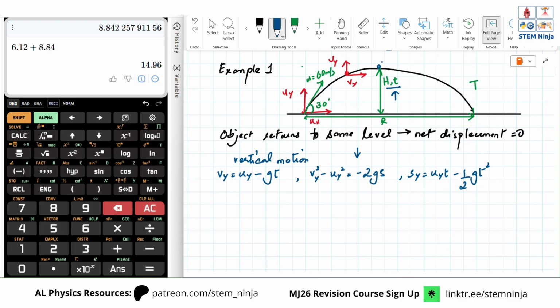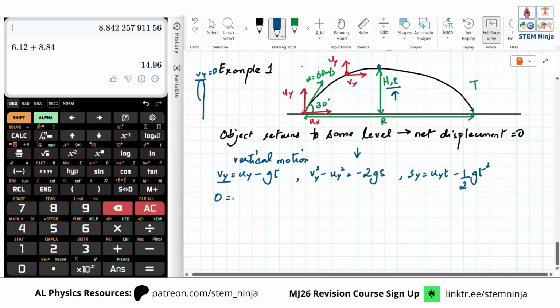So at maximum height, just like in the vertical motion, Vy would become 0. So when Vy becomes 0, Uy minus Gt would remain, and then T would become Uy over G. So now we can use the values.